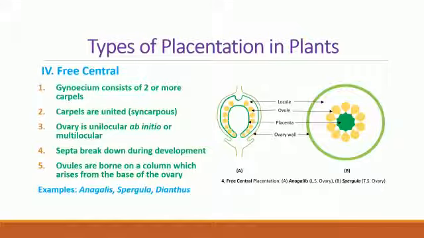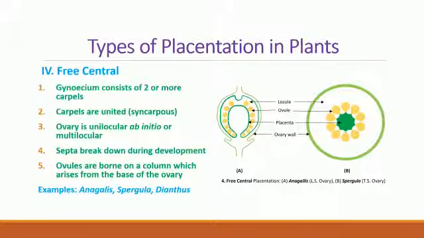The ovules are borne on a column which arises from the base of the ovary and which may or may not be joined to the ceiling of the ovary. At maturity, the column is not connected to the ovary wall as seen in the figure.